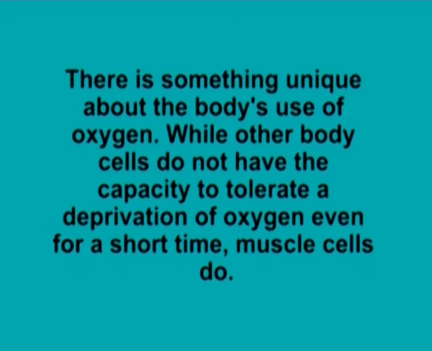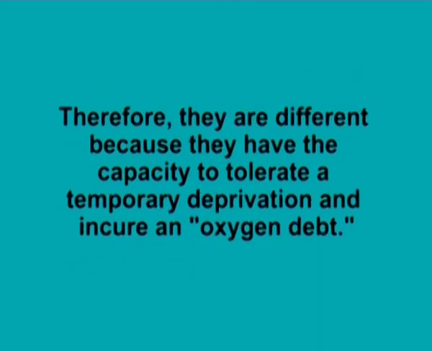There is something unique about the body's use of oxygen. While other body cells do not have the capacity to tolerate a deprivation of oxygen even for a short time, muscle cells do. Therefore, they are different because they have the capacity to tolerate a temporary deprivation and incur an oxygen debt.